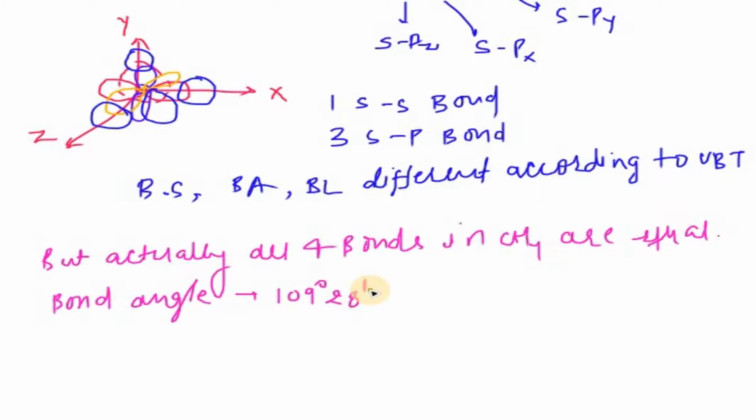Bond length and bond energy are also the same for all of them. So these bond parameters are the same, but according to VBT we would be observing different types of bonds: 3 bonds which are at 90 degrees and 1 that is a non-directional bond.